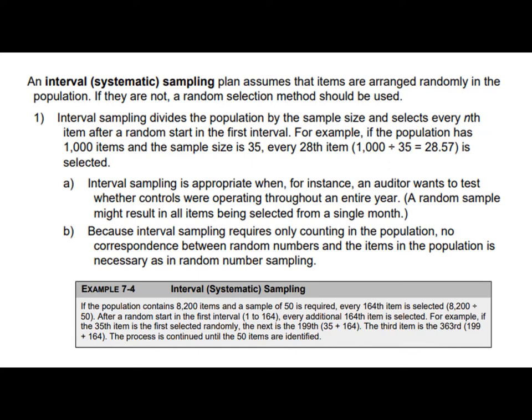If it is arranged according to a particular order, then it is difficult. Actually, you have to look at how these things are arranged. If it is systematically arranged in a particular order, then it may not be representative when you select it.